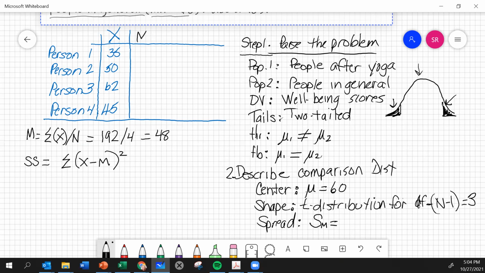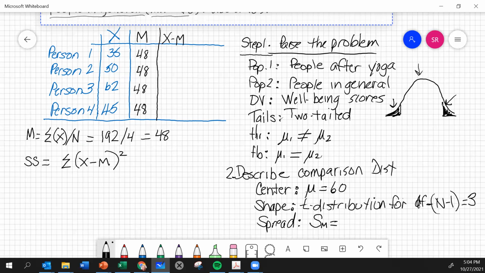I'm going to add a column for mean and write 48 at each line. We're going to subtract the mean from each of these values. And so let's do that in the next column. In this next column, I'll calculate the deviations, x minus m.